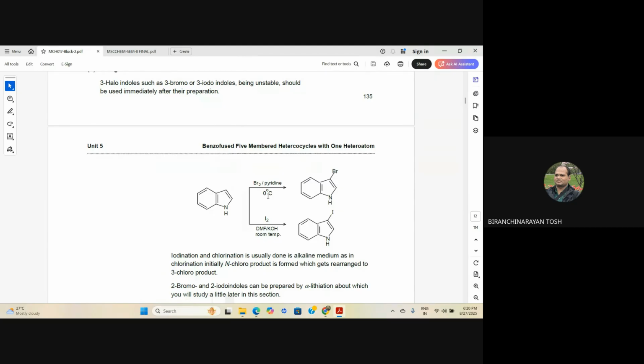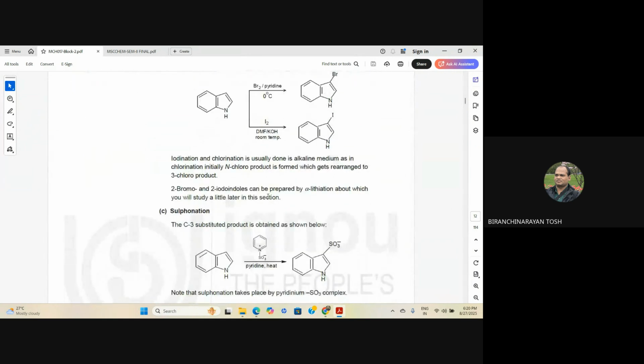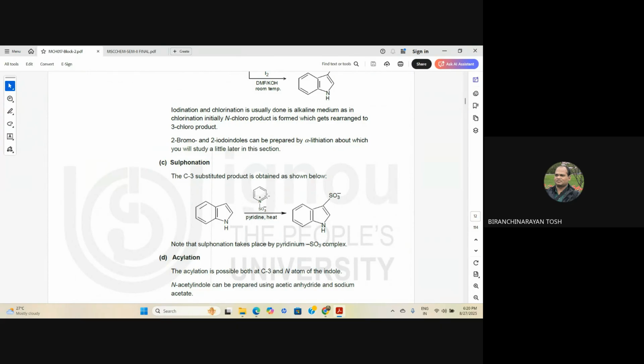In chlorination, initially the N-chloro product is formed, which gets rearranged to the 3-chloro product. 2-Bromo and 2-iodoindoles can be prepared by alpha lithiation, about which we'll study later on. Then sulfonation: SO3 will be substituted at the 3 position.